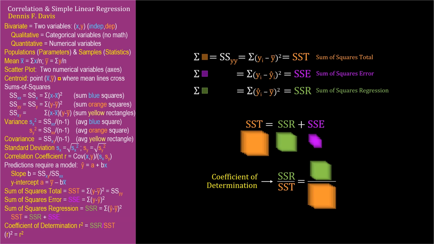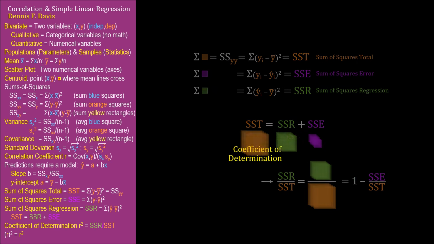Since SST equals SSR plus SSE, you'll sometimes see the coefficient of determination expressed as 1 minus SSE over SST. The proportion of the total variability explained by the regression model is 1 minus the proportion that's not explained. Of course, it's the same value.